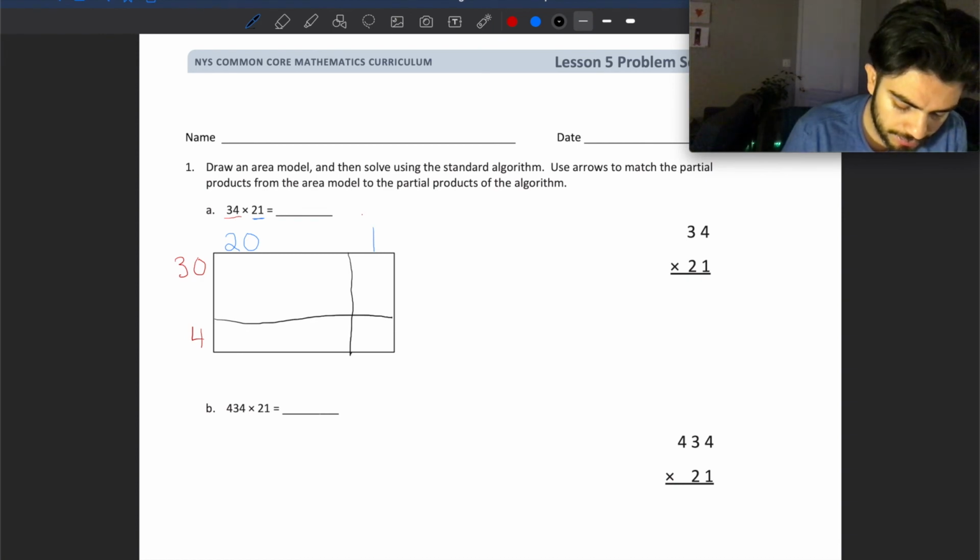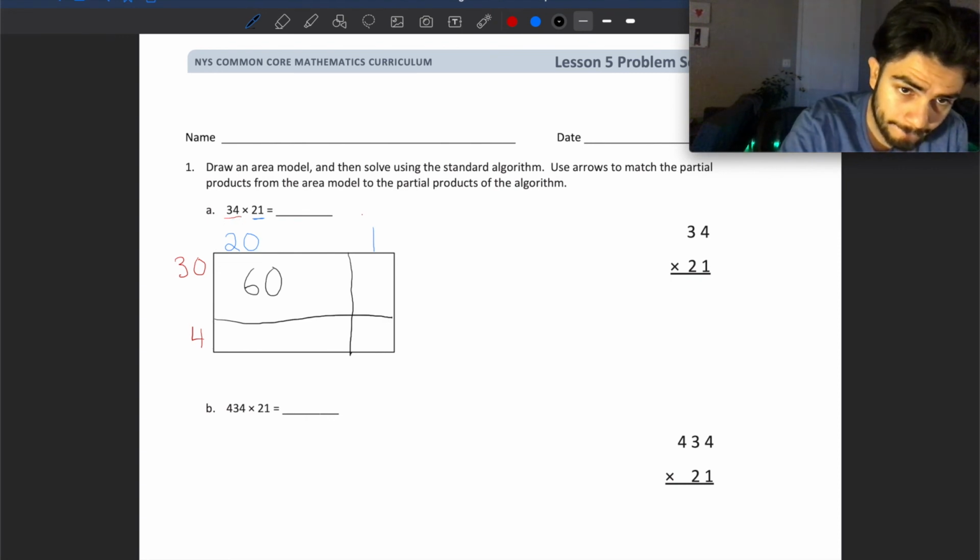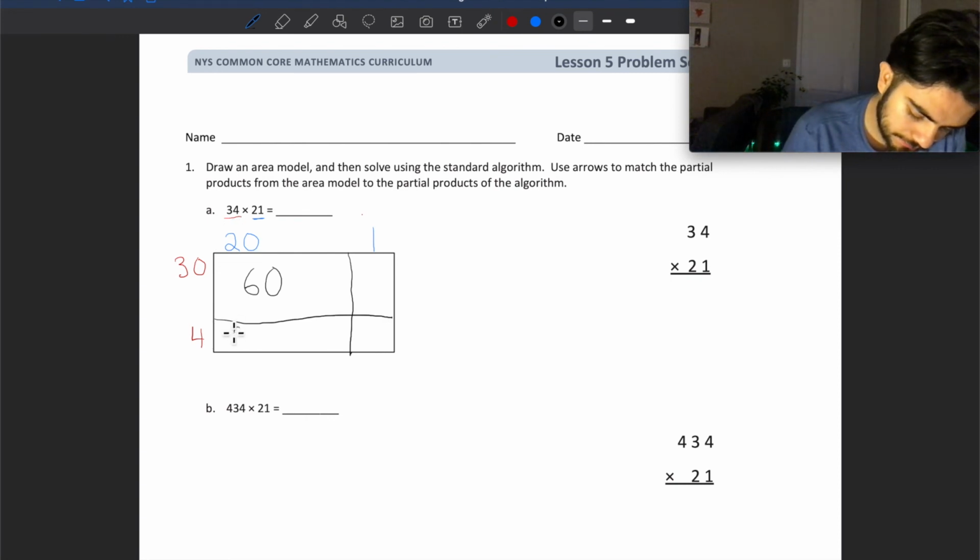Now, 30 times 20 is going to be 60. And 4 times 20 is going to be 80.